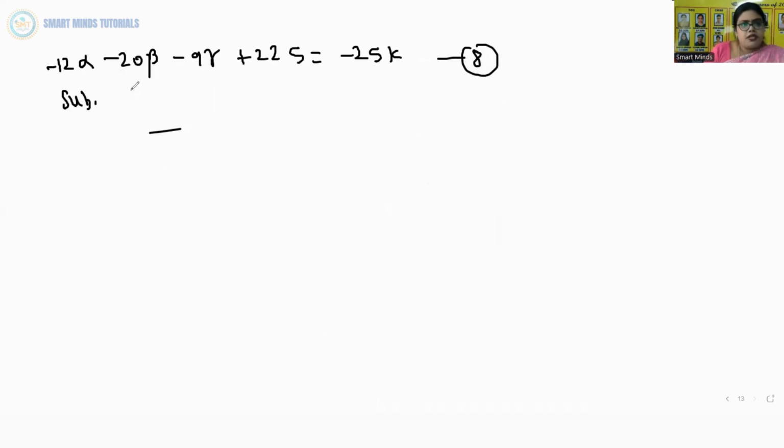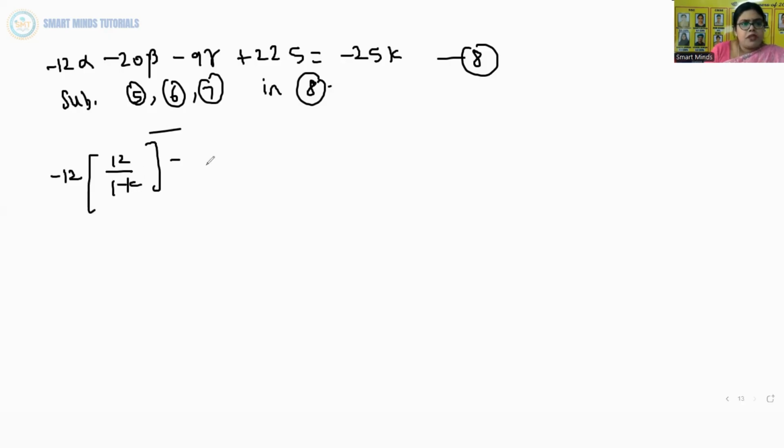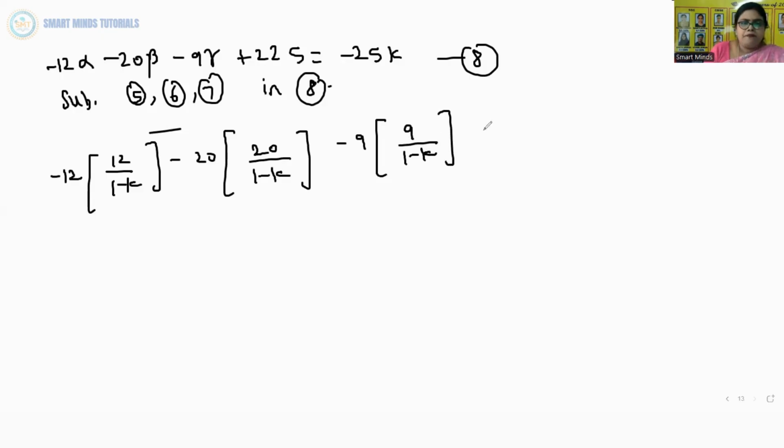So substituting equations 5, 6, 7 in equation number 8, we get minus 12 into 12 by 1 minus k minus 20 into 20 by 1 minus k minus 9 into 9 by 1 minus k plus 225 equals to minus 25k.